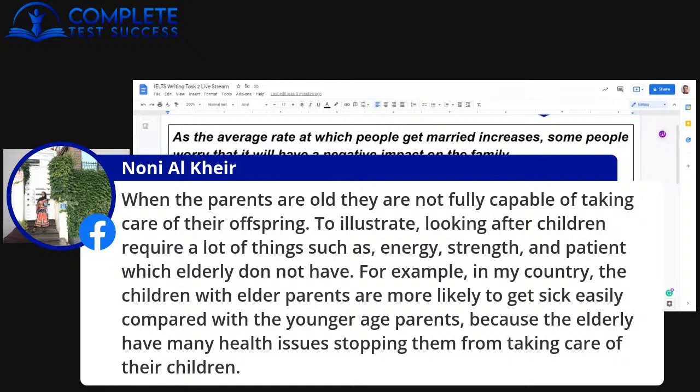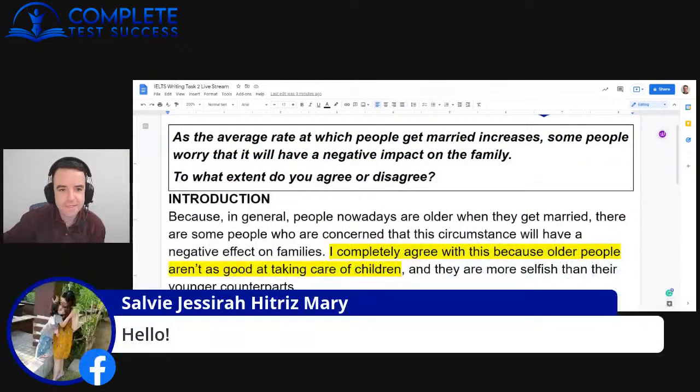For example, in my country, the children with elder parents" (we don't really use elder like that with elderly parents, but that would sound like more older again than the group we're referring to). So just "with older parents" would be better. "Older parents are more likely to get sick easily compared with younger aged parents, because the elderly have many health issues stopping them from taking care of their children." Good job. Hi, Salvi.